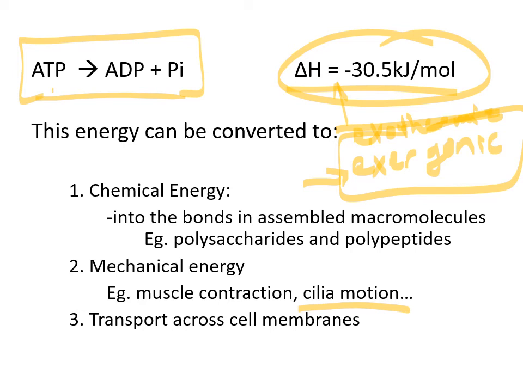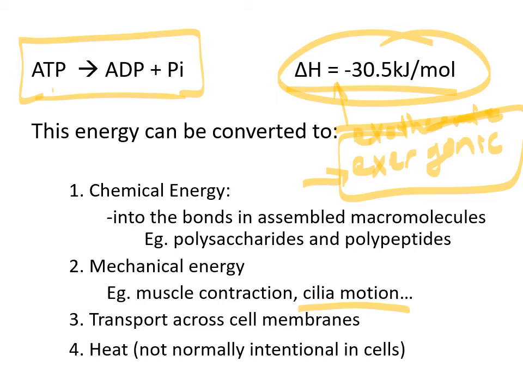We can fight diffusion by expending energy by using ATP. Heat can also be used, so the loss of energy is always going to be happening through all of these processes, so we can actually use the processes themselves to generate heat. It's not normally intentional, though we do have mechanisms to purposely generate heat when we don't have enough of it for us endotherms.